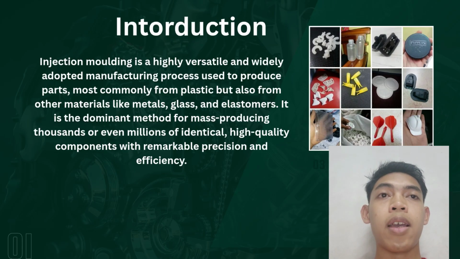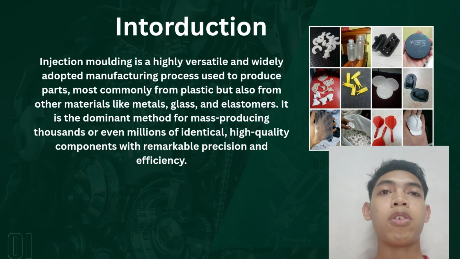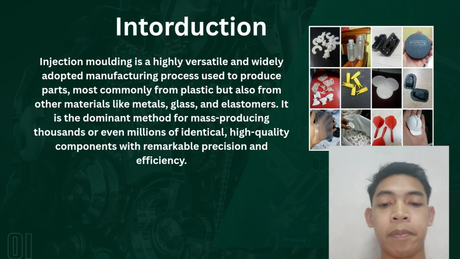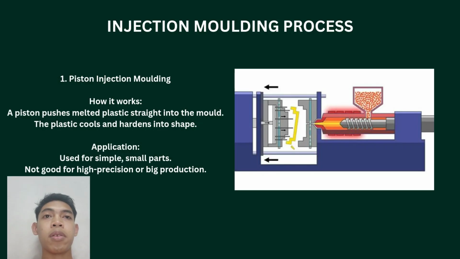Injection molding is a highly versatile and widely adopted manufacturing process used to produce parts, most commonly from plastic but also from other materials like metal, glass, and elastomer. It is the dominant method for mass producing thousands or even millions of identical high-quality components with remarkable precision and efficiency.